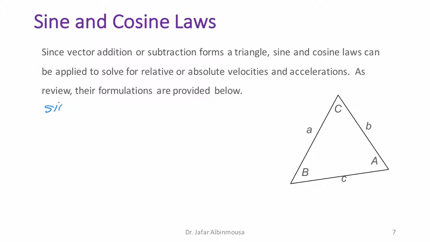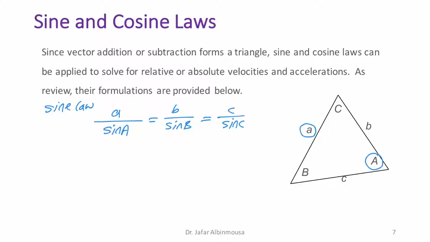The sine law is basically relating the length A with the angle A, sine A, to other parts of the triangle: A over sine A equals B over sine B, which is equal to C over sine C.